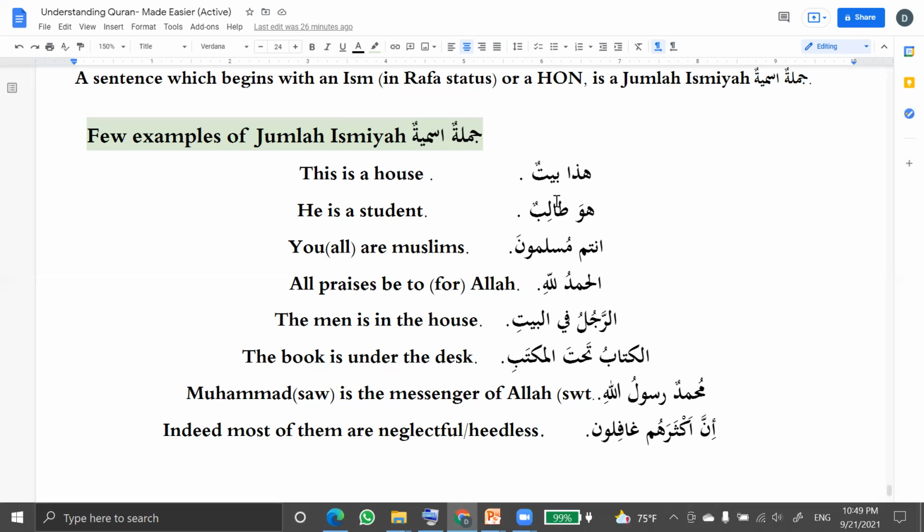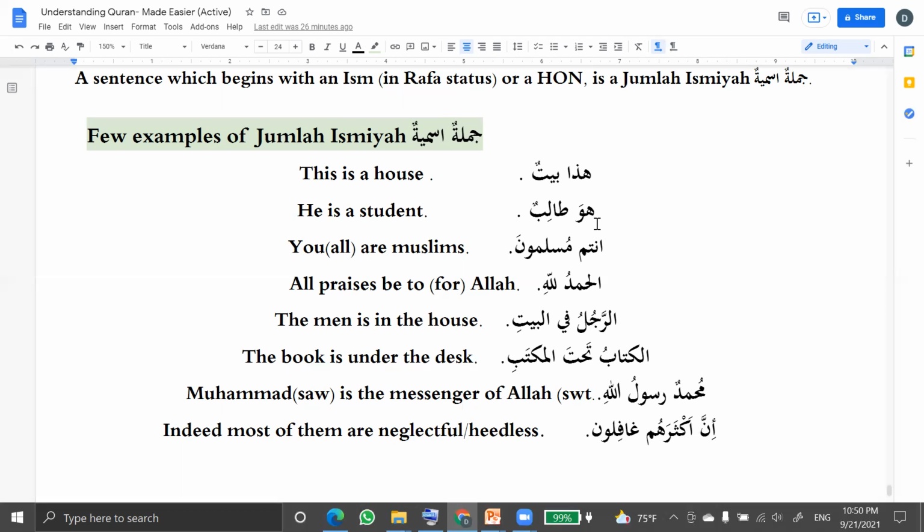Then we have huwa talibun. He is a student. Huwa is a pronoun. Which type of pronoun? You can write your answers, please. So huwa, which type of pronoun? Independent pronoun, right? So independent, detached pronoun. And detached or independent pronouns are always rafa. You know it.